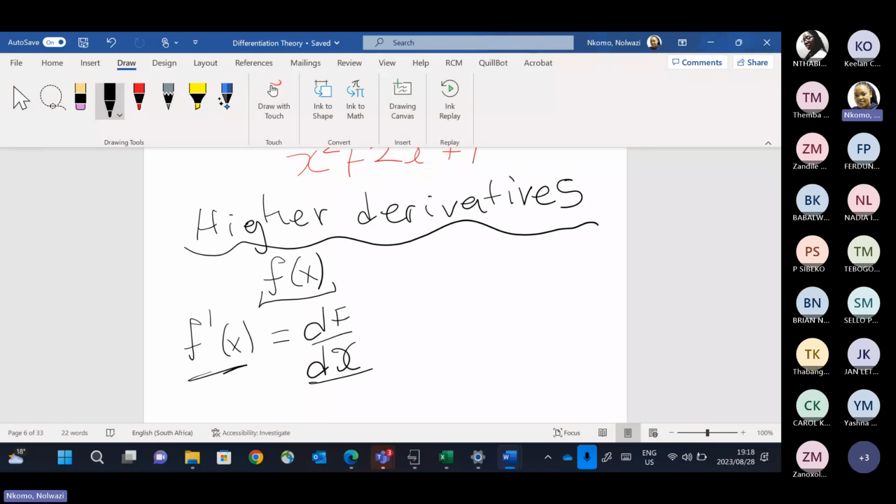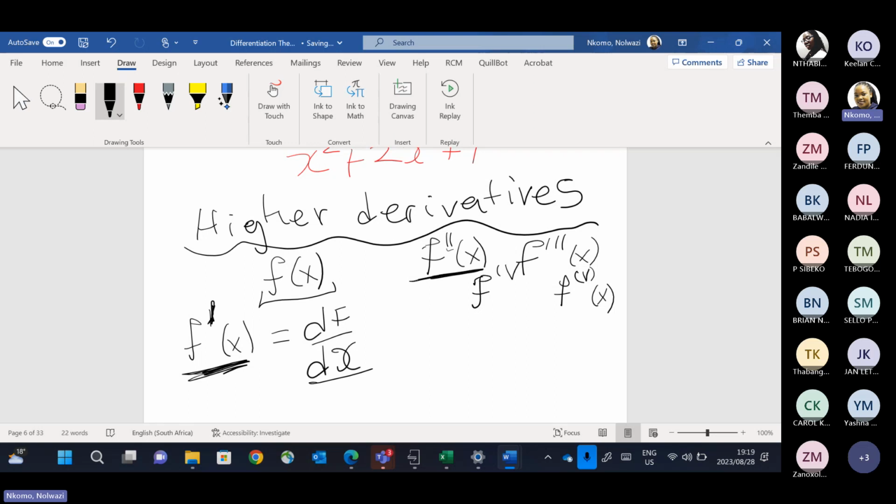Meaning, if we want to find the second order derivative, we need to differentiate the first order derivative. Okay, you see for the first order, I have 1 prime, right? And then for a second order, I have 2 primes. For a third order, 3 primes. Fourth order, 4 primes. Fifth order, and so on.